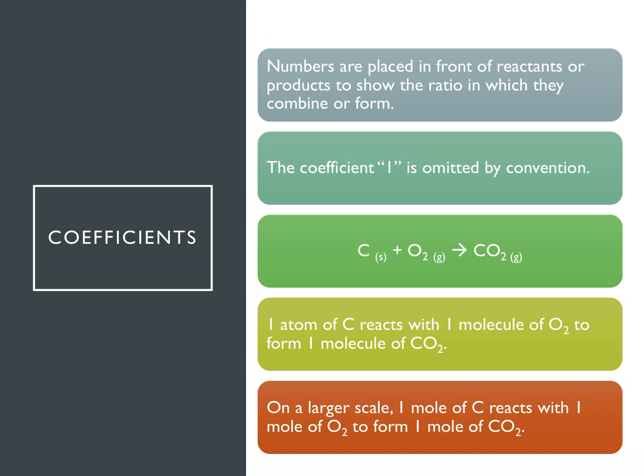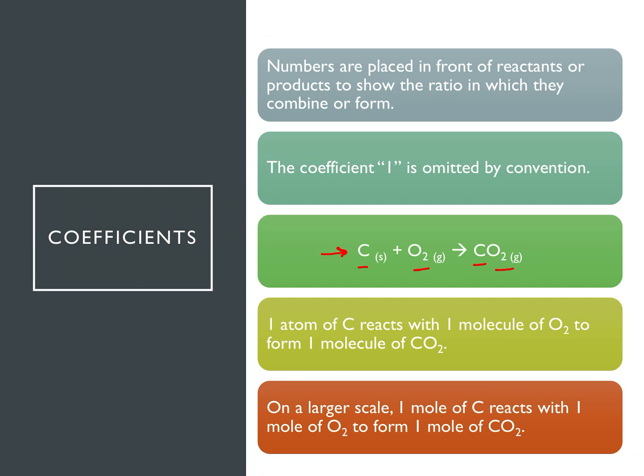Those coefficients that I was just talking about are numbers placed in front of reactants and products to show the ratio in which they combine or form. This allows us to obey the law of conservation of matter, because if we look here, we have 1 carbon and 2 oxygens, and we have 1 carbon and 2 oxygens.